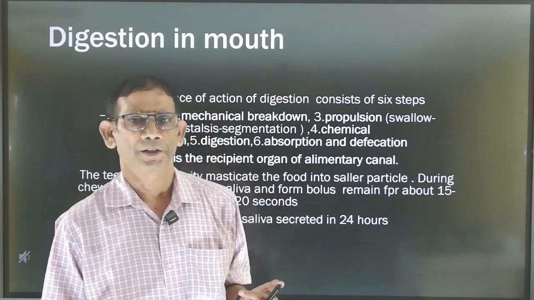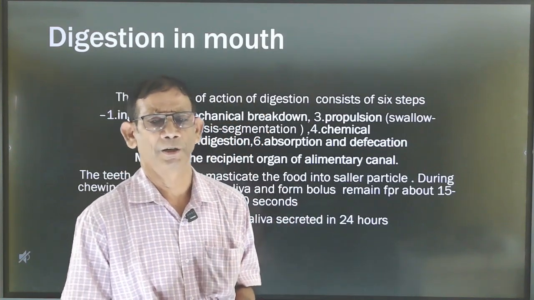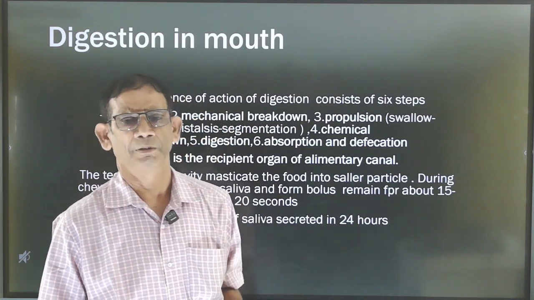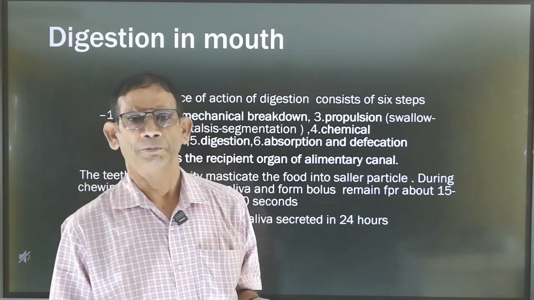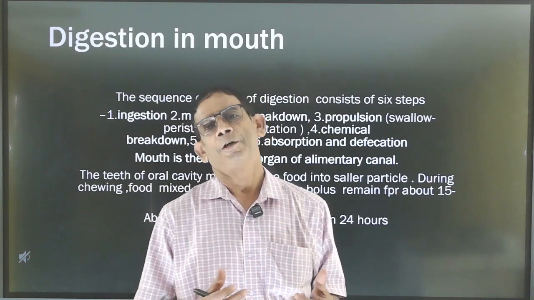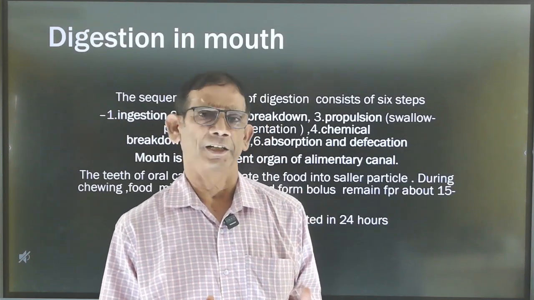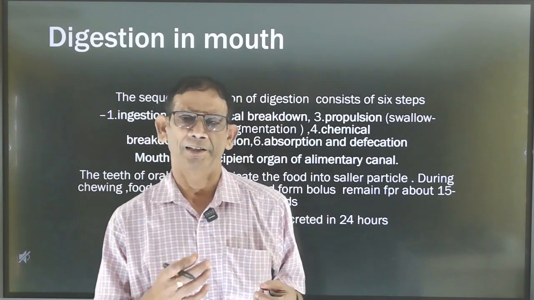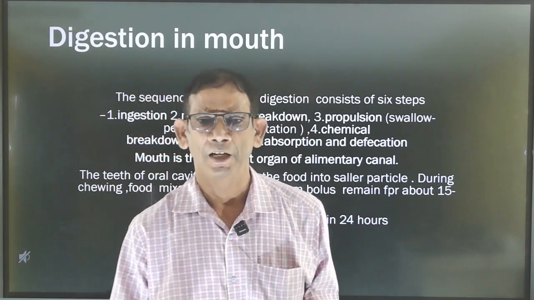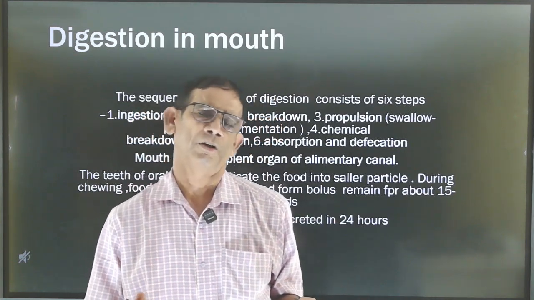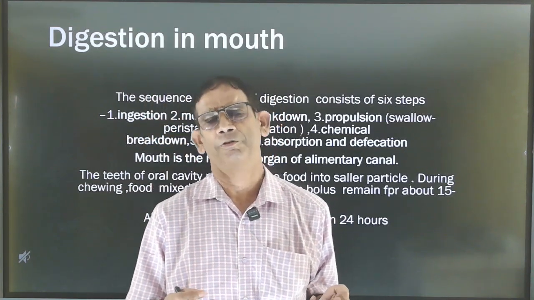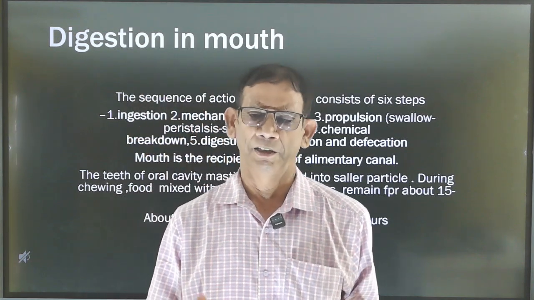So, to start with digestion in the mouth: the buccal cavity contains 4 types of teeth, which help in the mastication of food, and with the help of the enzyme secreted by the salivary glands in the saliva, particularly ptyalin or salivary amylase, the digestion of food, particularly carbohydrate, and a small bit of digestion of fat occurs in the mouth.